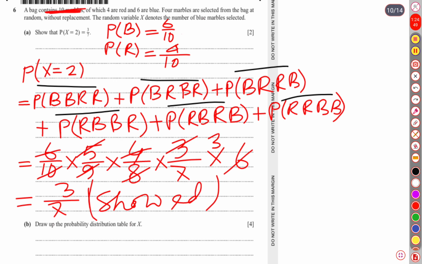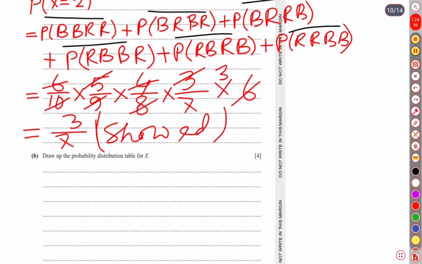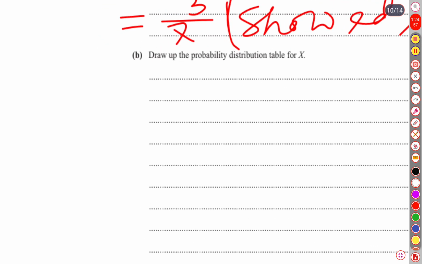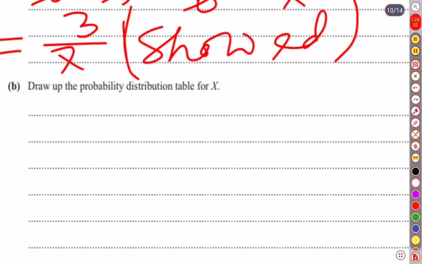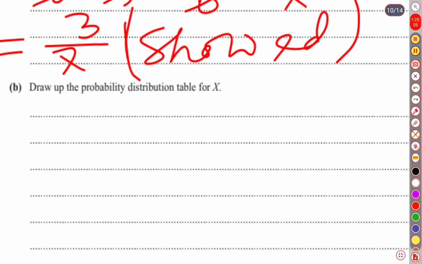Let's move on to the next question. The next question says, draw up the probability distribution table for x. So from the previous one actually we can draw up the probability distribution table. What are the possible cases?